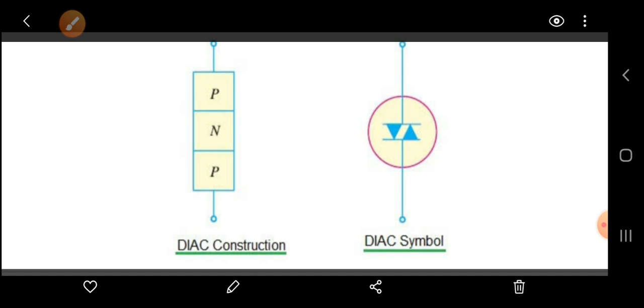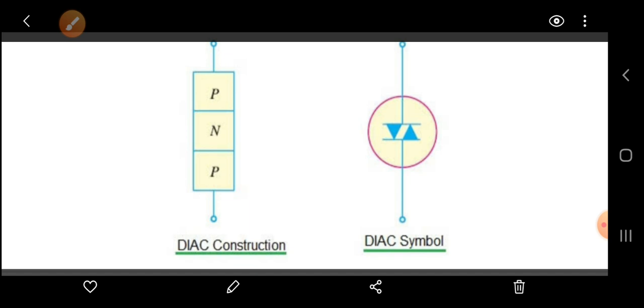Here we have two diodes which are oppositely connected, and this type of DIAC symbol is used for alternating current on both sides. It is going to allow the current to pass through it. And how does it allow the current to pass?